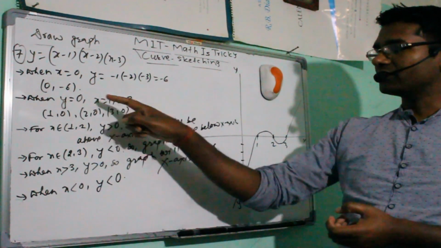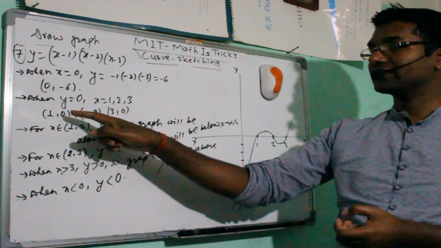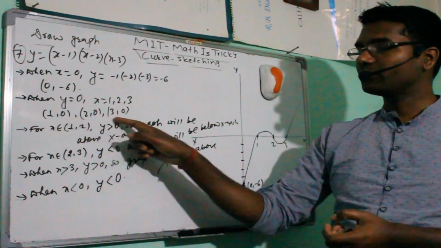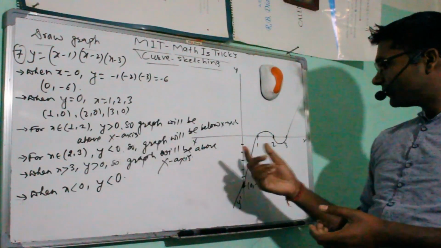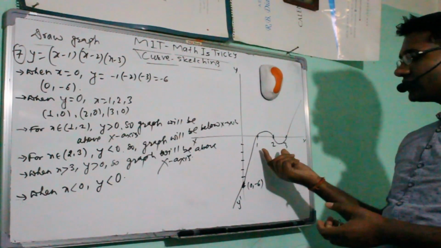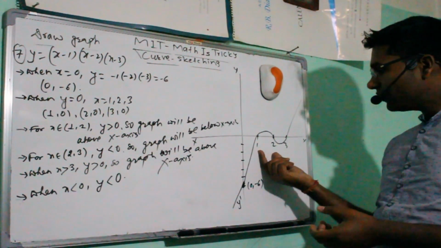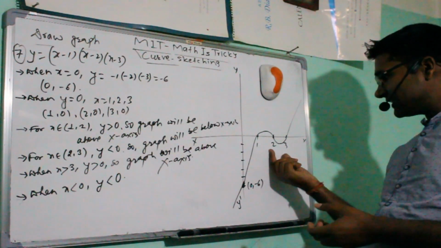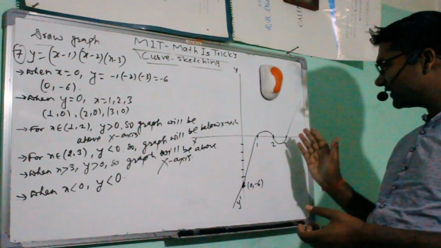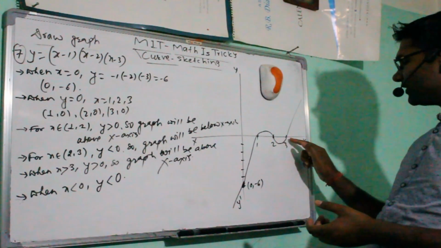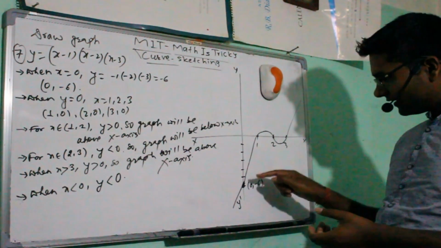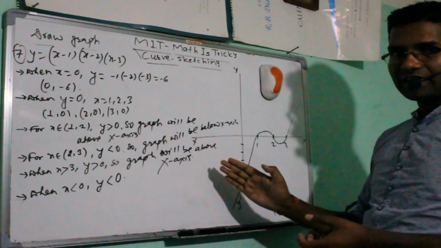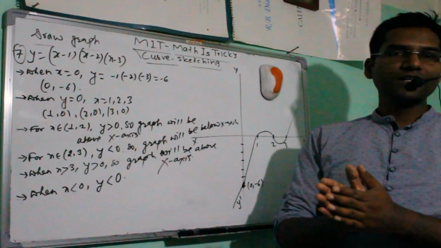So by putting y equals 0, we have 3 points. It means the curve passes through 3 points, (1, 0), (2, 0), and (3, 0). Now we have plotted the points. Now we have to see whether the graph is below or above the x-axis between these intervals. After that, what will happen when x is greater than 3? What will happen when x is negative? On this side, the graph will be negative. On the basis of that, we can plot the graph.